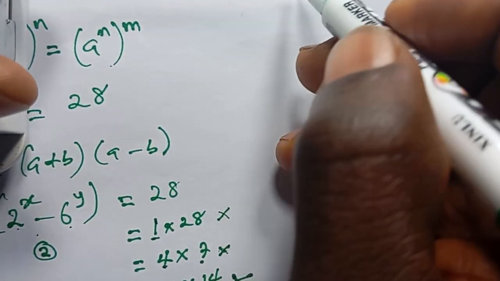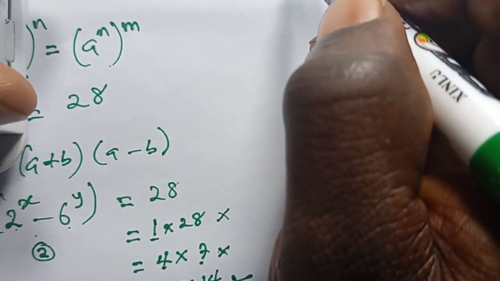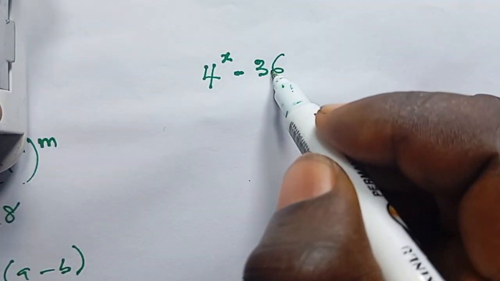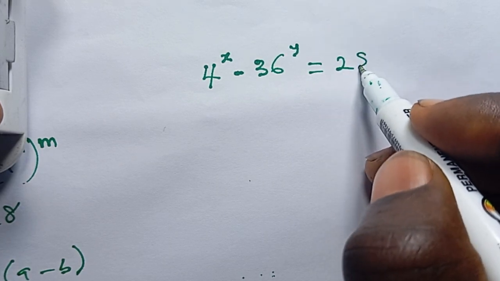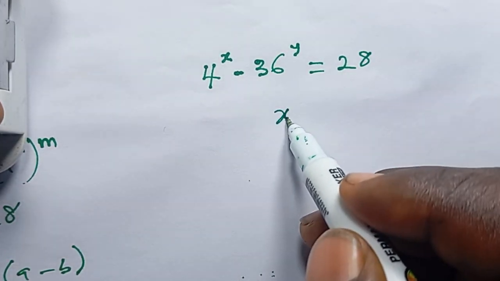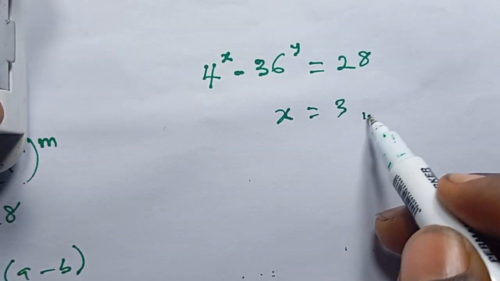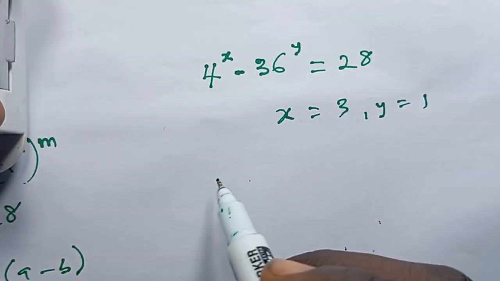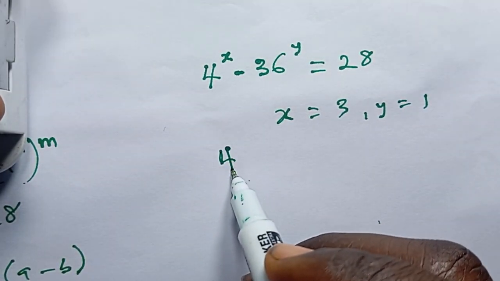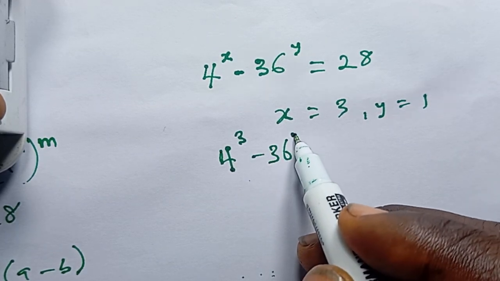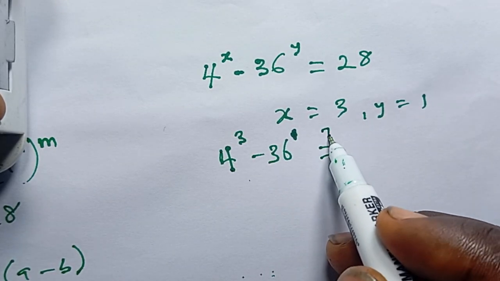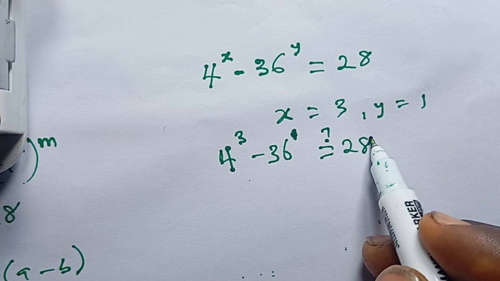Okay, so what we just solved is 4 power x minus 36 power y is equal to 28. And of course we just got that x is equal to 3, and y is equal to 1. So we want to plug that in right there. So 4 power 3 minus 36 power 1, will this be equal to 28?